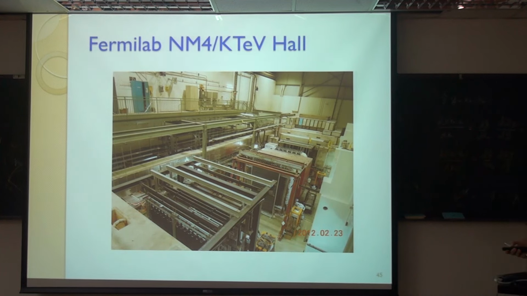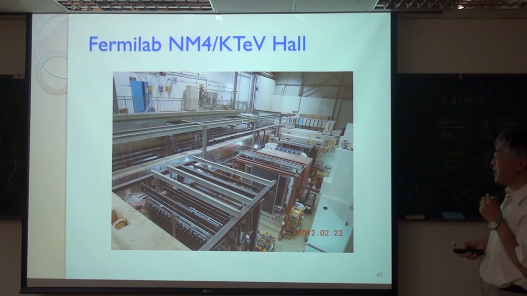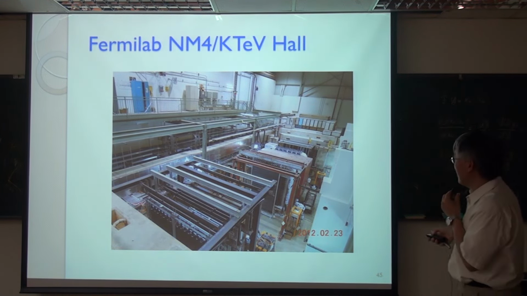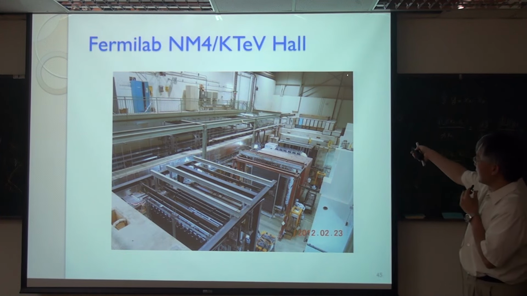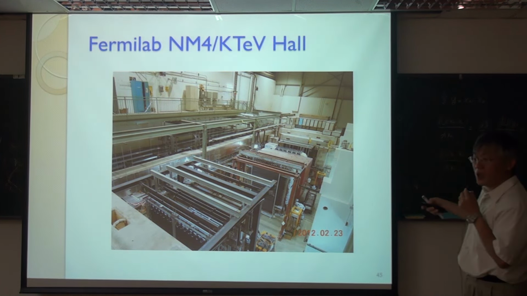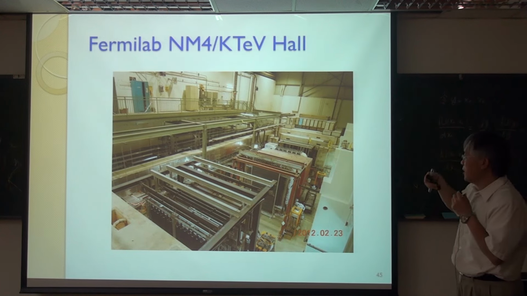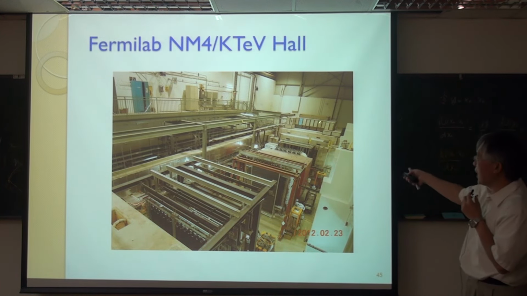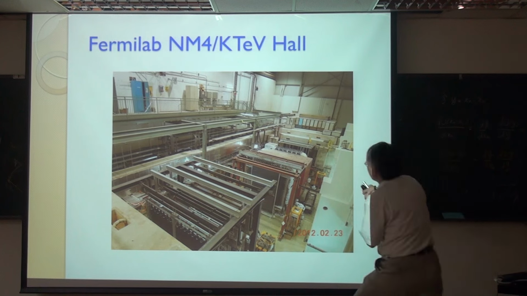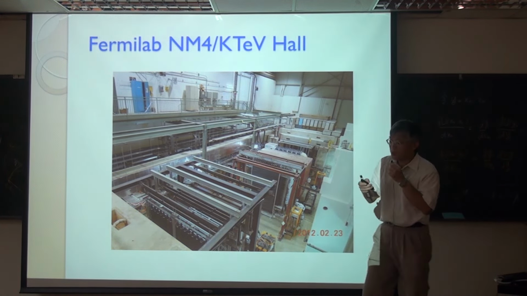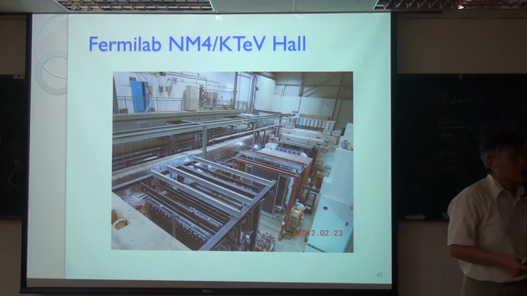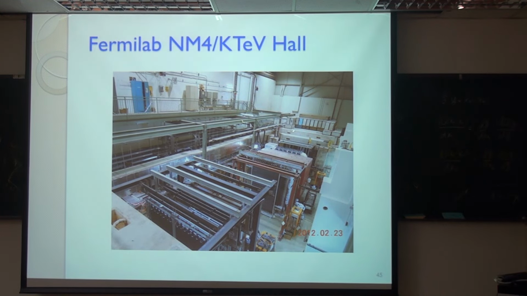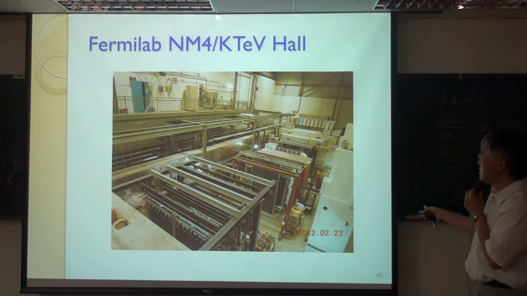This is the experimental setup. Of course, it's not as fancy or beautiful as what you will see from the LHC experiments, because this is a fixed target. The proton beam is extracted from the main injector, delivered to our beam area, and hits the target here. Because the radiation background is very high, it has to be shielded by a lot of concrete, so you will not be able to see the target region.